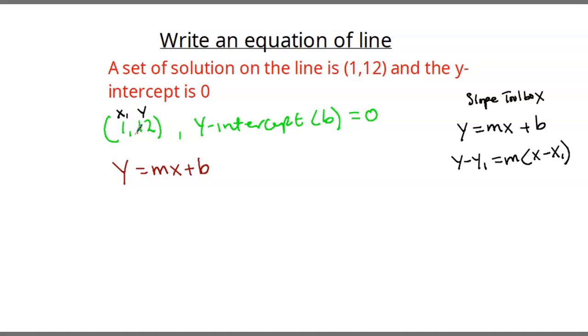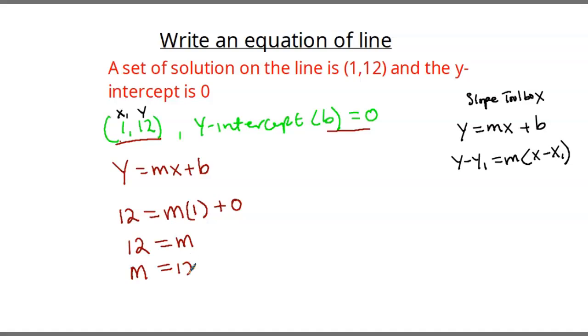Here we are going to plug this point into the equation to see if we can come out with the slope. The y component is 12, we don't know the slope, and it is being multiplied by x, which is 1, plus b, which is 0. So, easy peasy, we get 12 = m. If you want to put it in standard form, you can swap it and say m = 12.